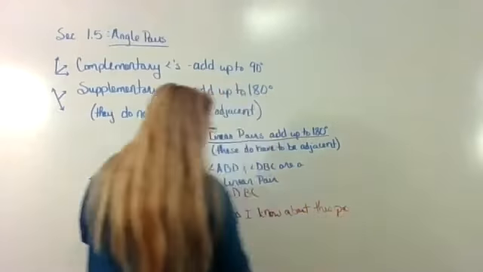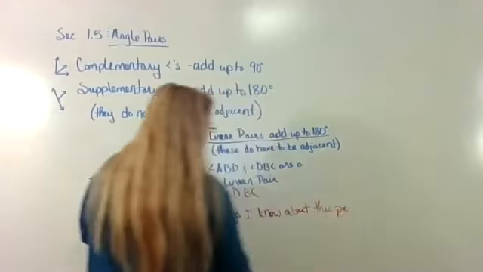So, vertical angles. Some people say that vertical angles are opposite of each other, but that's kind of hard to explain. Vertical angles have to be formed by lines. So the line AB crosses the line CD, and it forms some vertical angles in there. Not all of those angles are vertical angles.